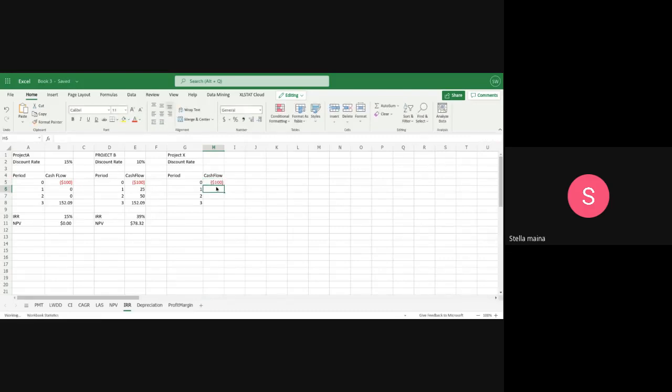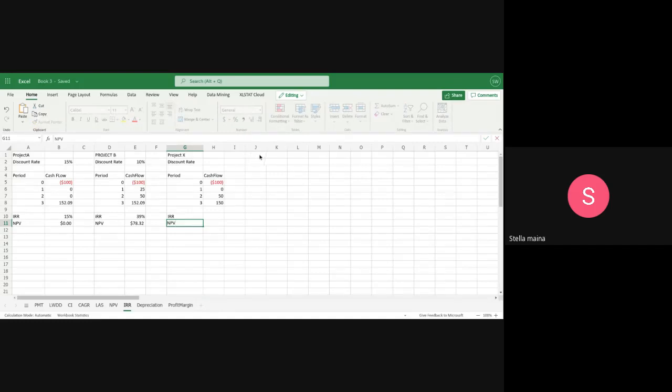And then the second cash flow is going to be 0. The third is going to be 50. Yeah, we shall have here the IRR, and below it we shall have the NPV.